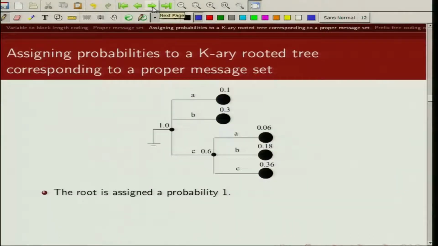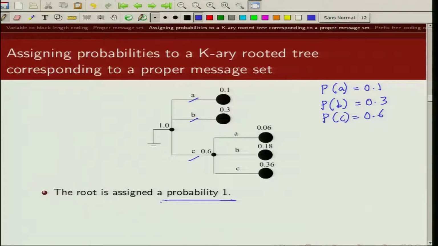Let us take an example again of a source which emits ternary sequences A, B and C, and let us say the probability of occurrence of A is 0.1, the probability of occurrence of B is 0.3, and the probability of occurrence of C is 0.6. First, the root is assigned a probability of 1. In this case, this is my root, so this has probability 1.